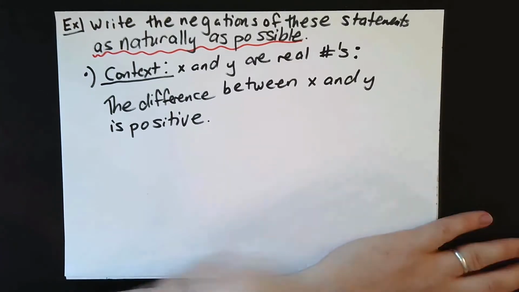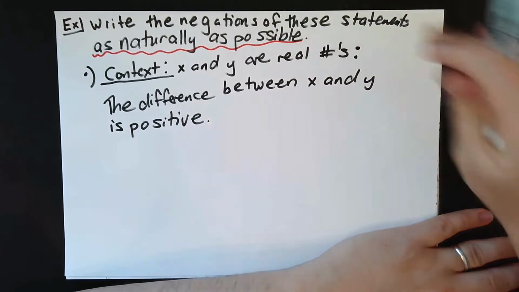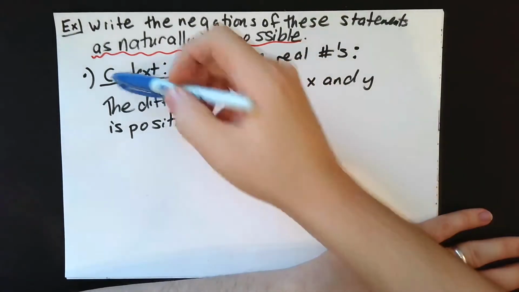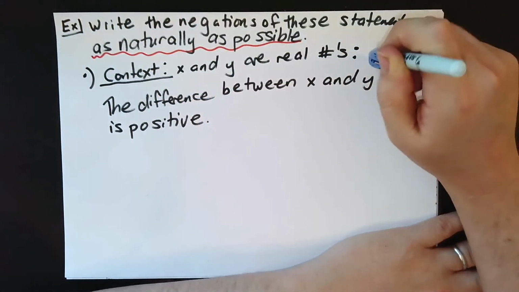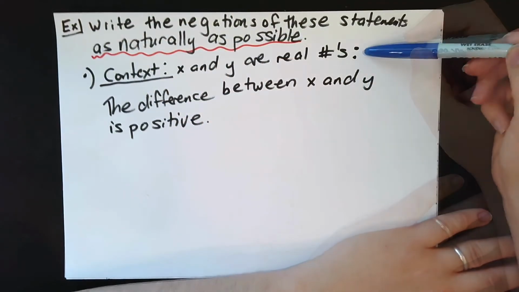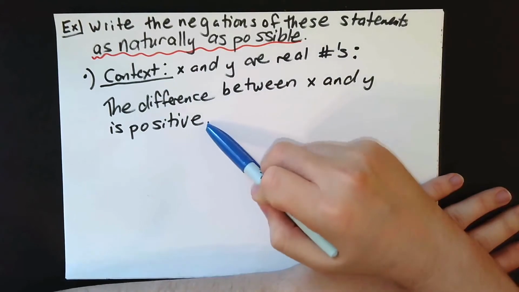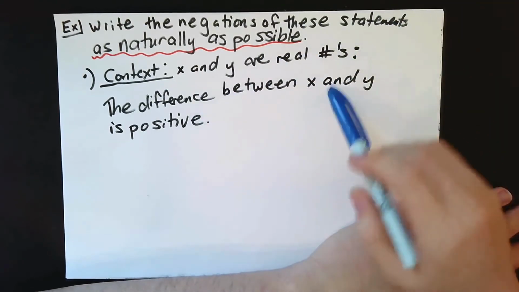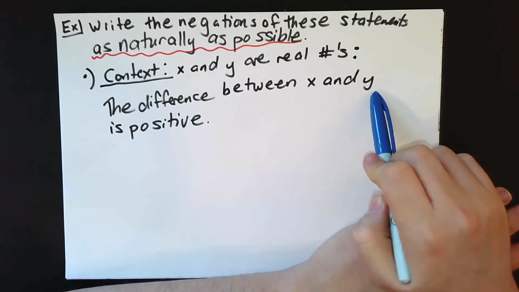Also, for these questions, in the questions for 2.1, you're usually going to see something like a context here. You can completely ignore this if you want. It is not really relevant to how you negate this thing. But in order to make sure that this is a specific statement, I need to say what sorts of things X and Y are.